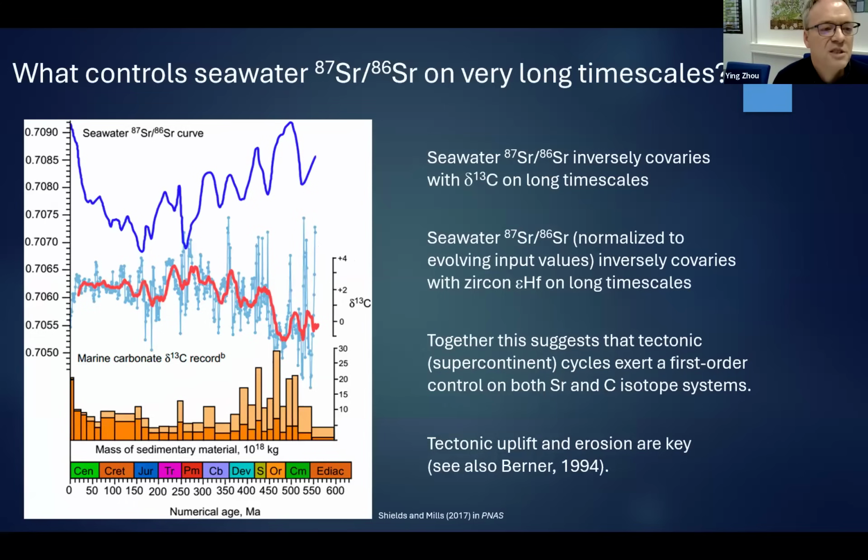So rather than this being related to just weathering rates per se, it is about the uplift of material which is radiogenic. This would be the cratonic interiors, which are uplifted due to collision. And that's bringing radiogenic strontium into the ocean, and that has some bearing on these carbon isotope values as well.